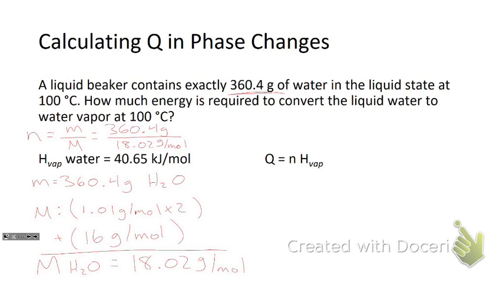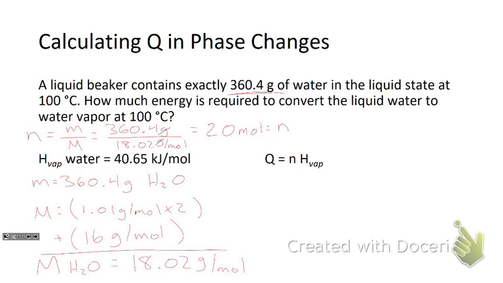When you divide this, your grams will cancel and you will be left with moles. So that gives me a value of 20 moles, which is equal to n.